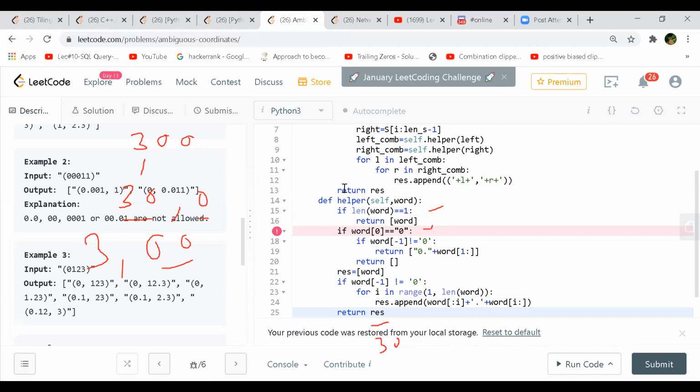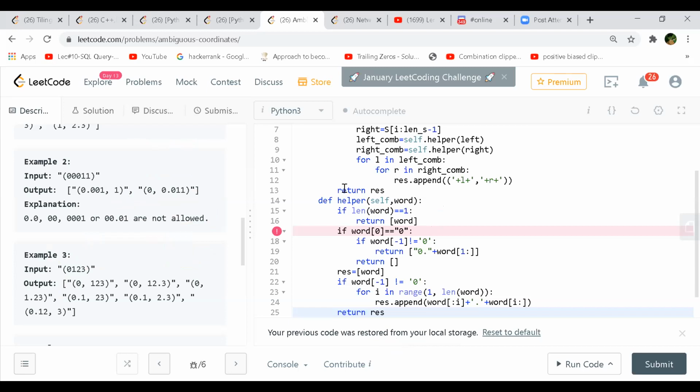Because if you break 300, you have 0 at the left side as well as the right side. So this is not valid. So this is the only value you're going to get. But it's a good interview problem because a lot of edge cases are there to maintain.